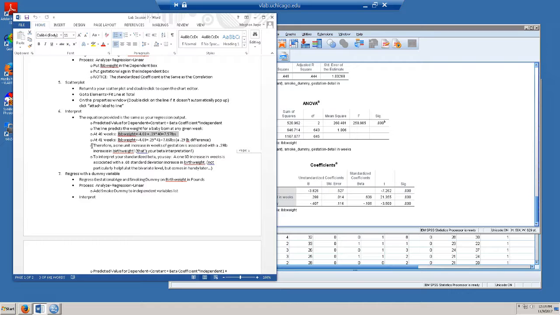That language of "is associated with" is really important, because what we try to do in a regression, controlling for all these variables, is figure out what's causing the birth weight. But you can never use that language because we don't have an experimental design or multiple time points. We can just say that this is the association between the two variables. So "is associated with" is going to be a phrase you use a lot in your homework write-up.